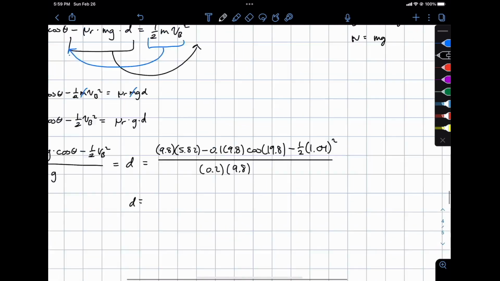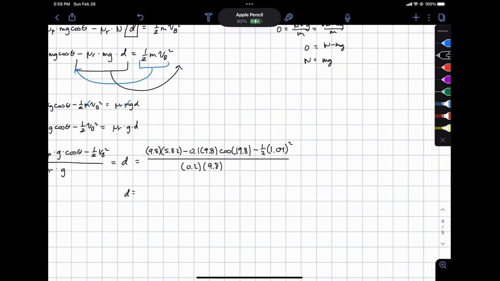So d, let's plug into the calculator and find out. 5.82 minus 0.1, 9.8, cosine 19.8.